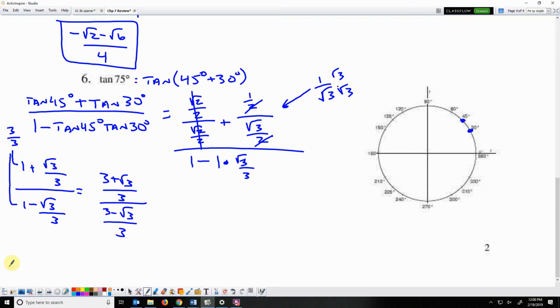Just like up here when these 2's canceled, the top and the bottom have the same denominator, so those 3's are going to cancel. So I have 3 plus root 3 over 3 minus root 3. Then I can multiply by the conjugate of the denominator, which is 3 plus root 3.